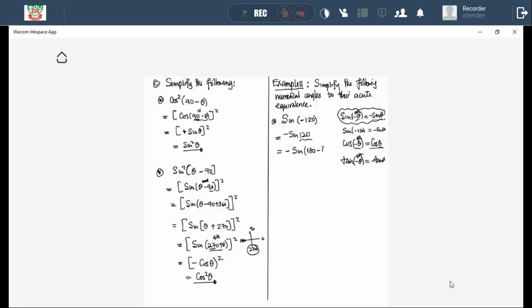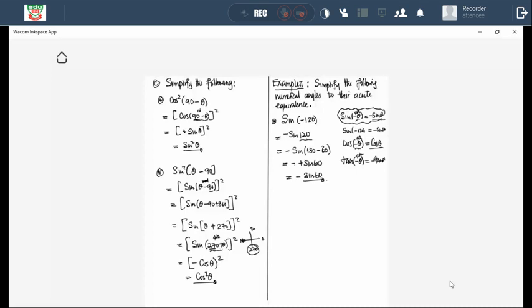It means I'm supposed to subtract 60 degrees. I'm reducing now: sine of 180 minus 60 is going to be positive sine 60. And my answer is going to be negative sine 60. We can leave it like that.